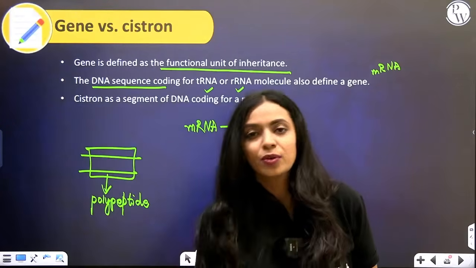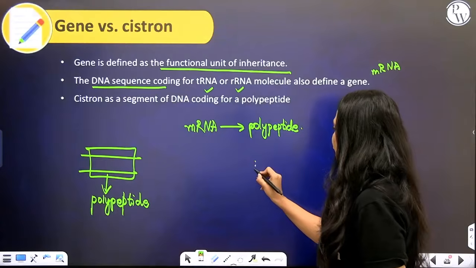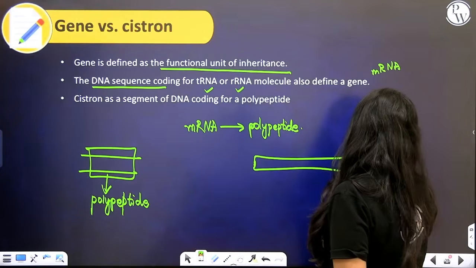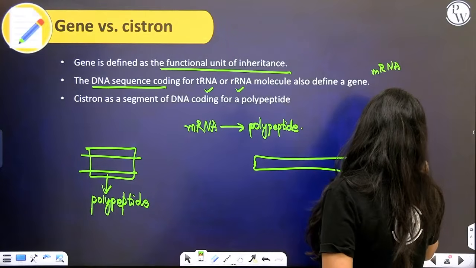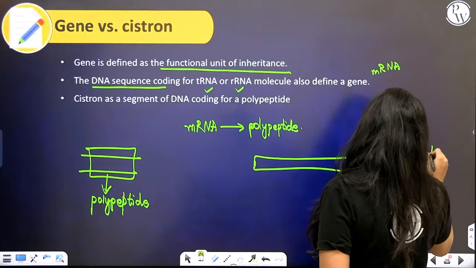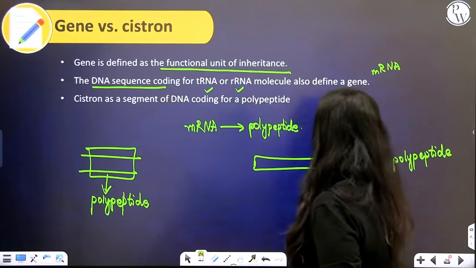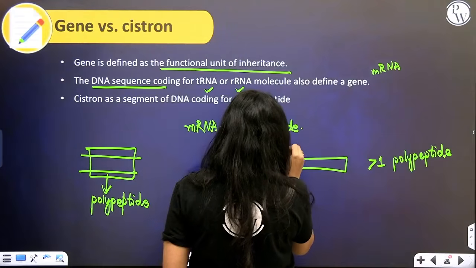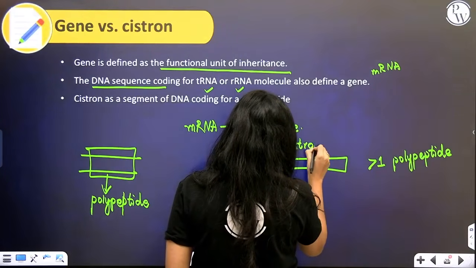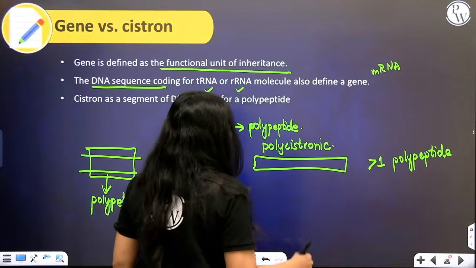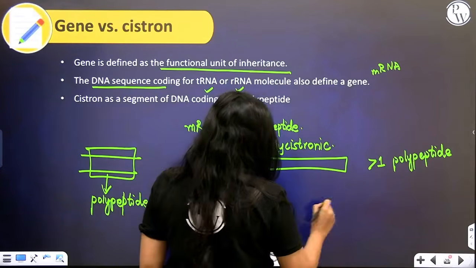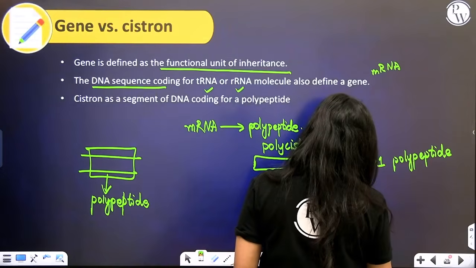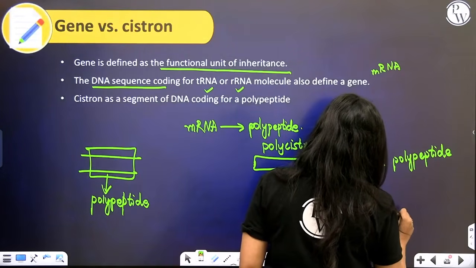In prokaryotes, generally in one gene, you will have information for more than one polypeptide. Such genes are said to be polycistronic. In most eukaryotes, one segment will have information only for one polypeptide synthesis.